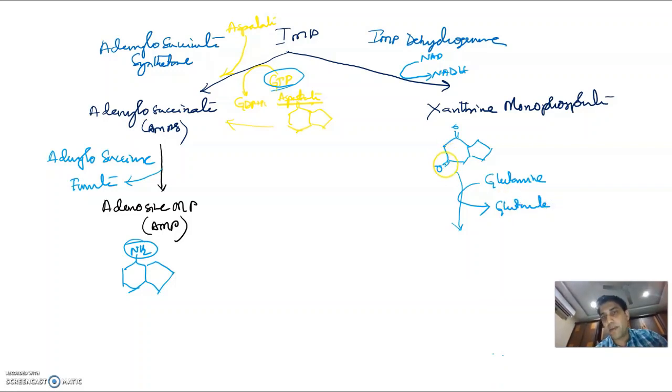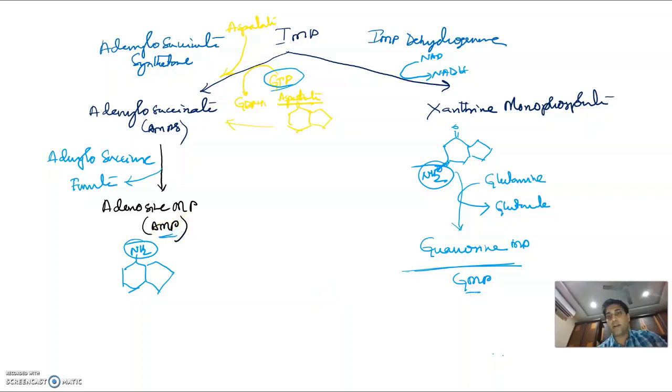It will give the amino group. The amino group is attached here. And this will become guanosine monophosphate. Okay, so it will become guanosine monophosphate. So this is how we get our GMP and AMP.